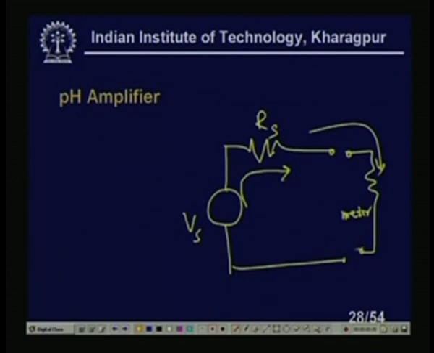So, the basic characteristics of the pH amplifier are that, first of all, it is a DC amplifier, amplifying and also measuring the voltage output of the pH probe, which is coming from the reference and the measuring electrode. Two electrodes are there, so this voltage is to be measured between this point and this point.